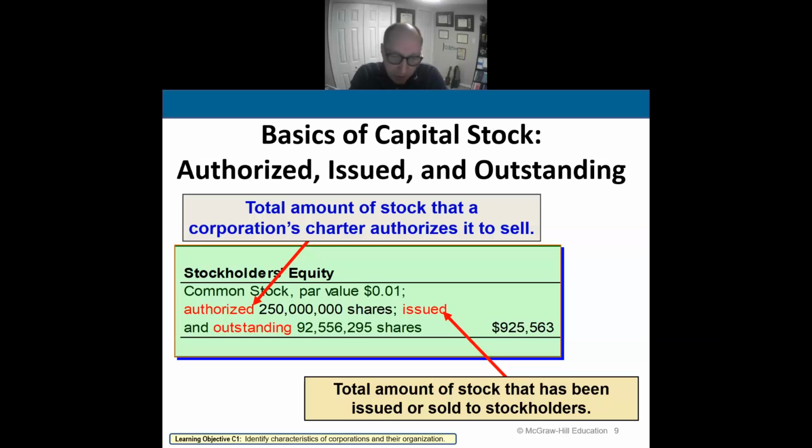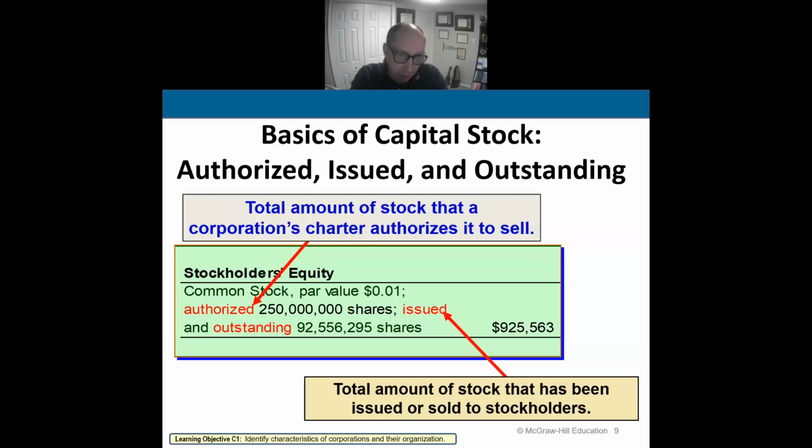Authorization of shares means our company, when we first formed it, is worth this much. We are interested in getting the public to invest through shares of stock. So we'll authorize to sell a certain number of shares. That's what happens when the company is first formed. It's written in the company's charter.